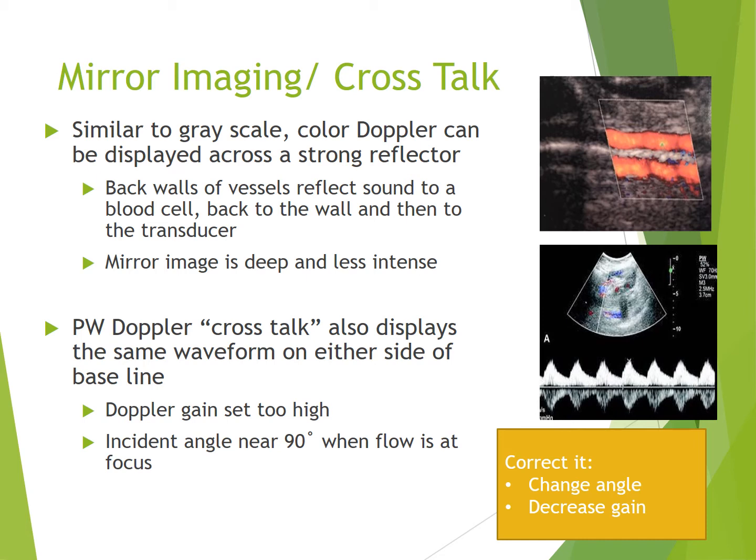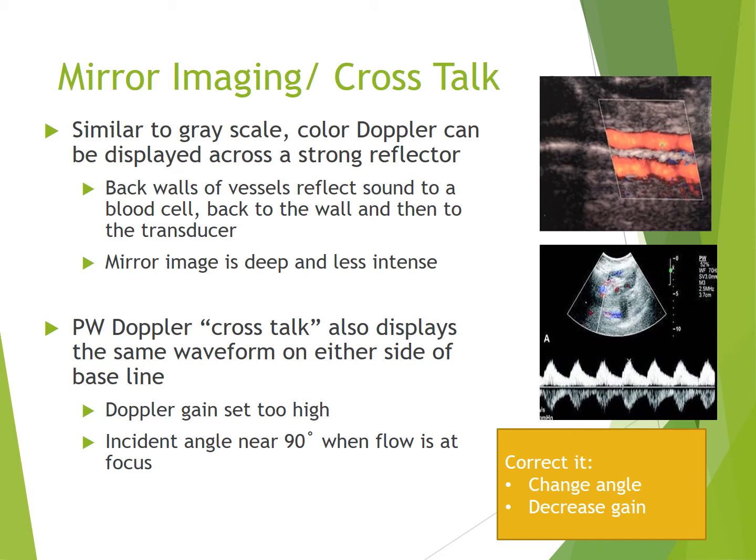We also see mirror imaging or crosstalk when we turn on our pulse wave Doppler. This is going to show the same waveform on either side of the baseline. Typically our true waveform is going to be brighter, where that crosstalk is going to be at a decreased gain. If we see that crosstalk, we can change our gain settings.